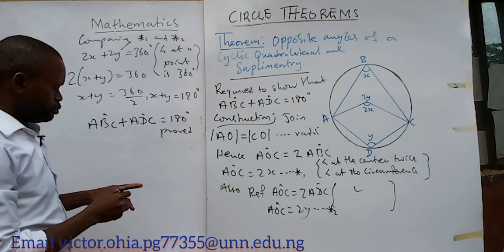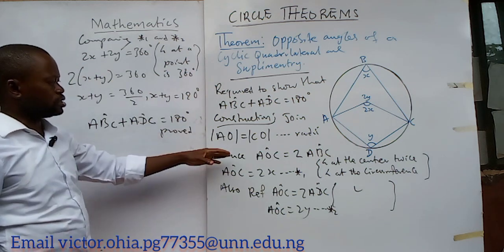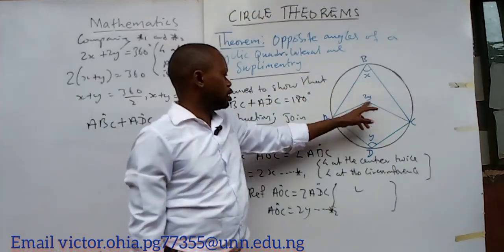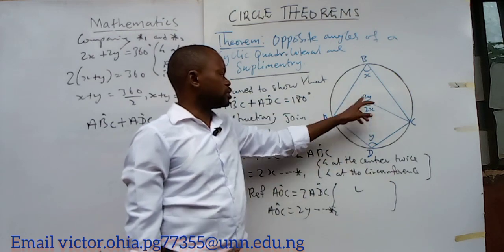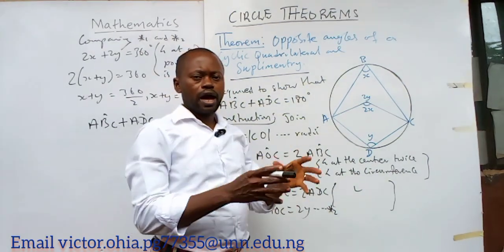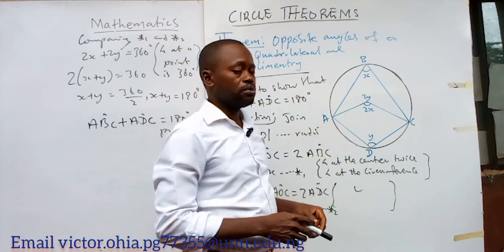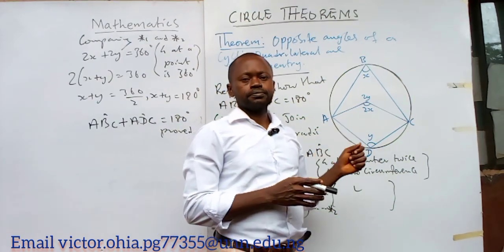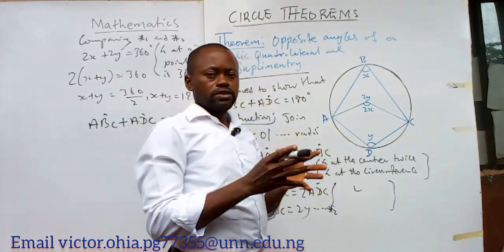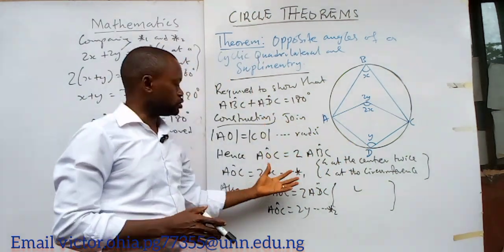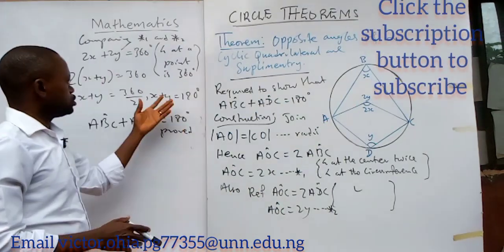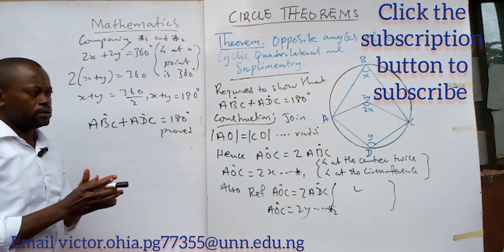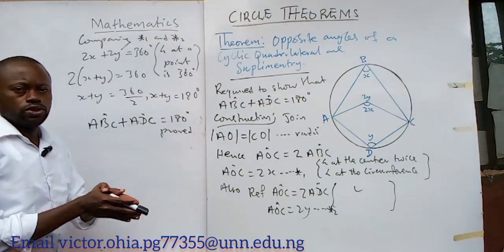So in this class we have been able to show that the opposite angles of a cyclic quadrilateral are supplementary. I believe that this diagram, my descriptions and all that, helped us to understand how one can show this proof.